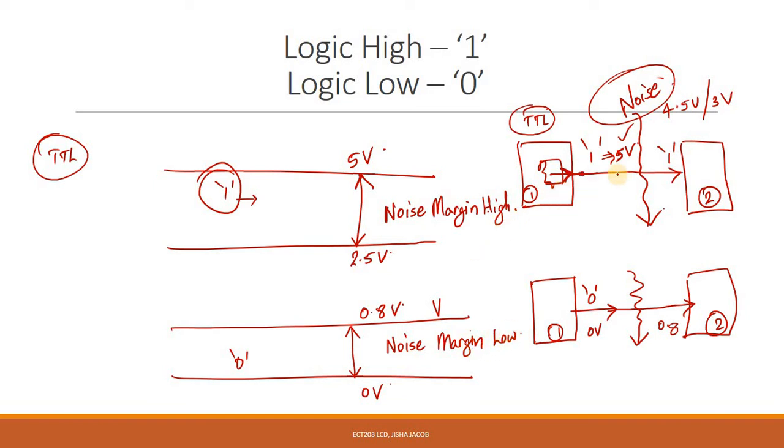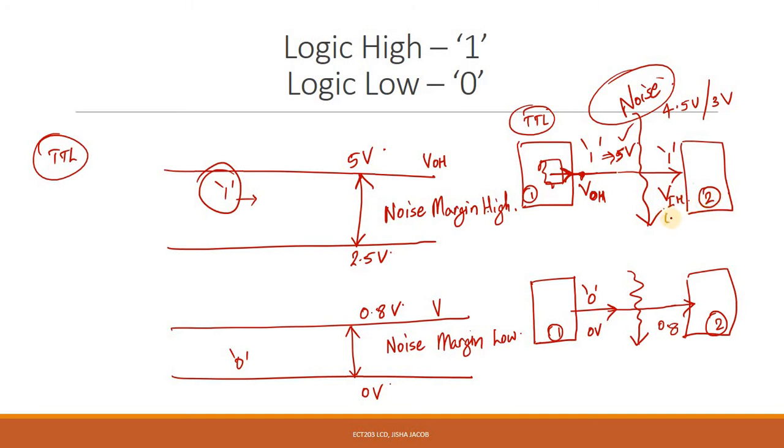Now we have notations for each of these voltages. The voltage V at the output O, corresponding to logic high H, is VOH. In this case, 5 volts. So this is my VOH. The voltage at the input VI, corresponding to logic high, is called VIH.